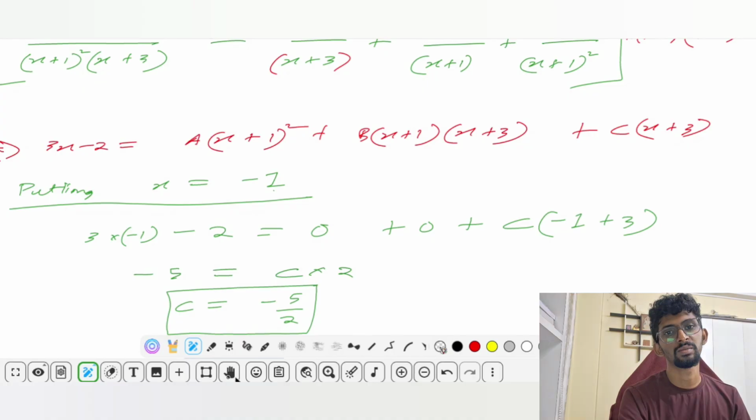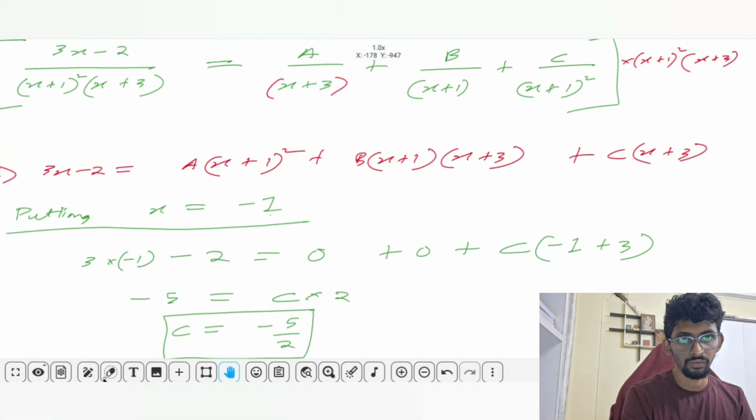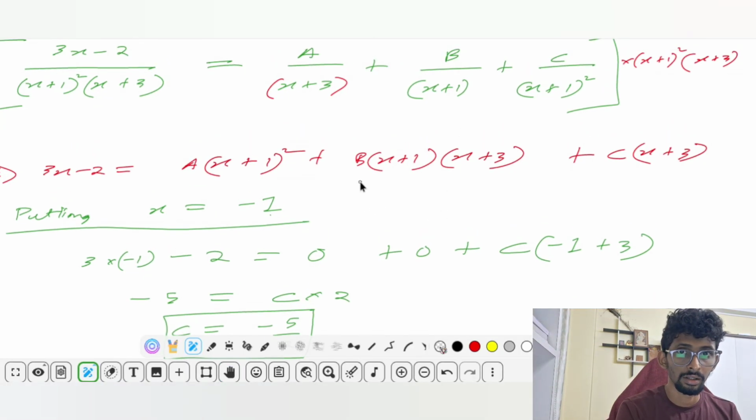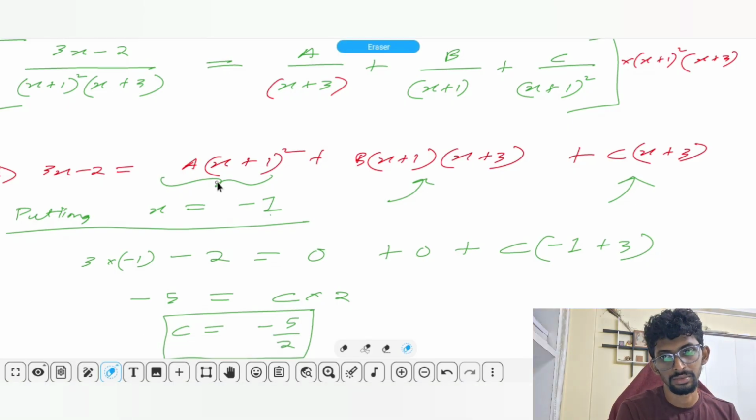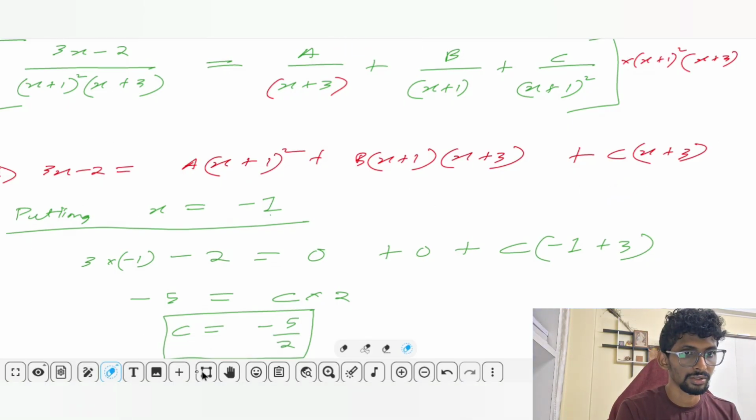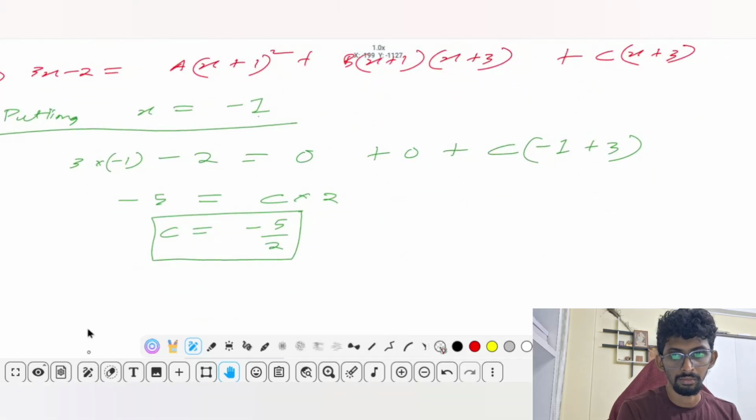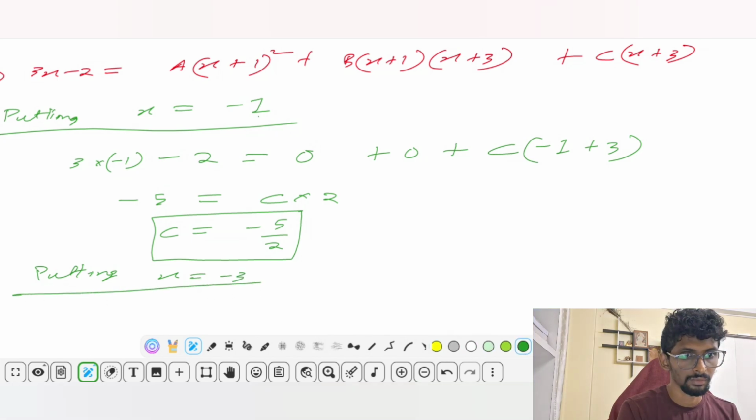Okay. Similarly, we can find the value of a by putting x as minus 3, because if you put minus 3, the second term and third term will become 0. So let us do that. Putting x equals minus 3, we will get minus 3 into 3, so minus 9, minus 2, the LHS part, and RHS part, a times minus 3 plus 1 whole square.